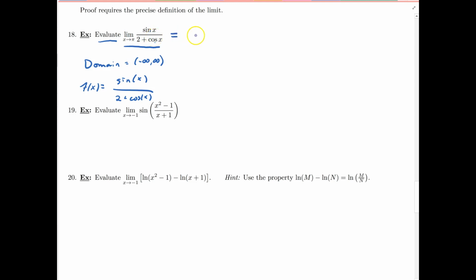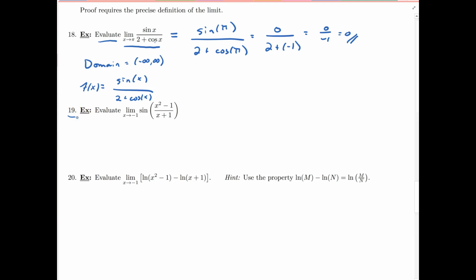So this is equal to the sine of pi all over 2 plus the cosine of pi, which is equal to 0 all over 2 plus -1, or 0 over -1, but that is just 0. So what we're saying here is, because this is a continuous function, and because pi is in the domain of that continuous function, then we can simply evaluate the limit through direct substitution.